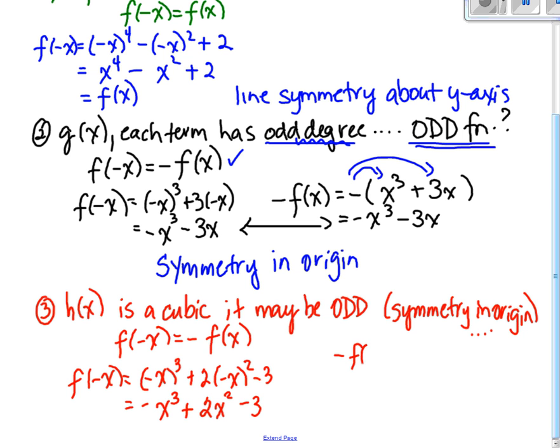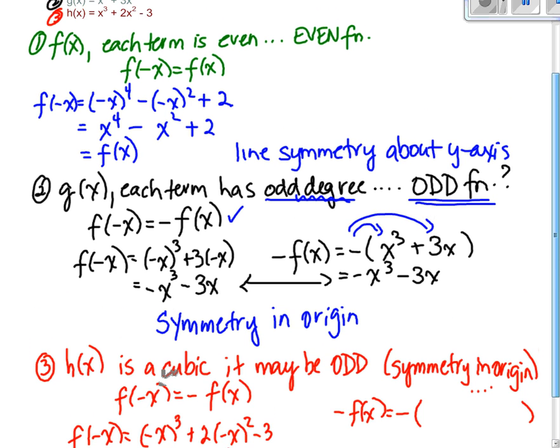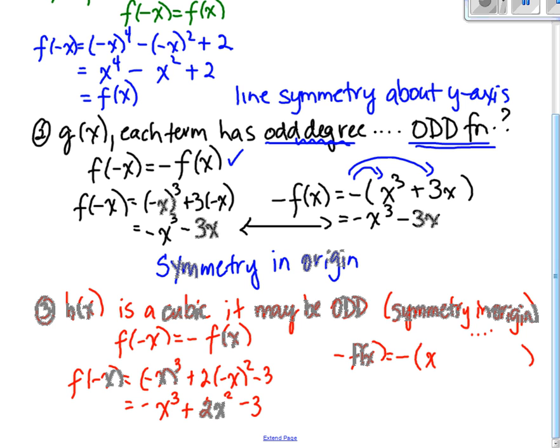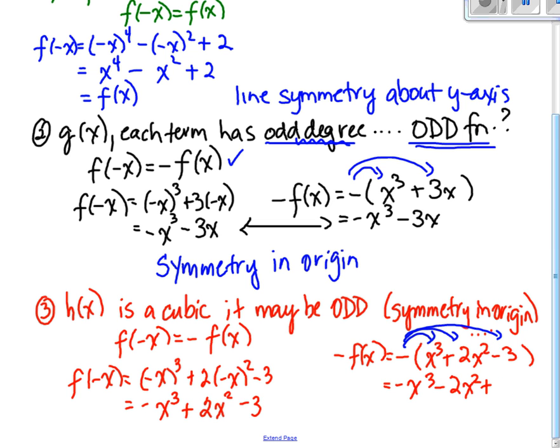Let's look over here at minus f at x, where I put a negative sign in front of the entire function, which was originally x cubed plus 2x squared minus 3. And if I do distributive law for negative f at x, I will get negative x cubed, negative 2x squared plus 3. Those are not the same. This is neither even nor odd.